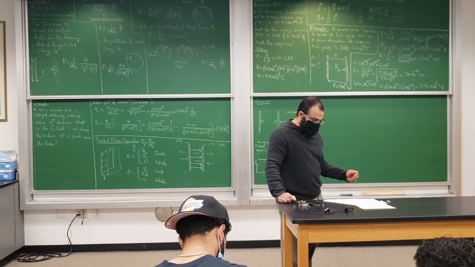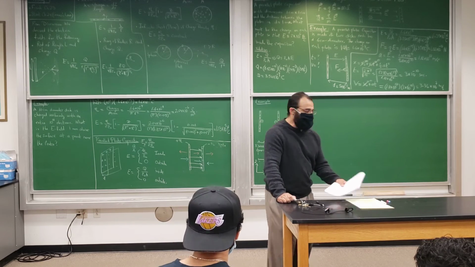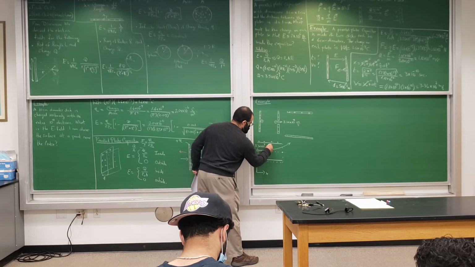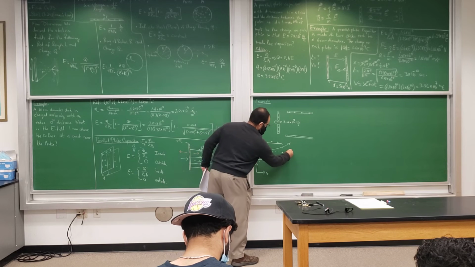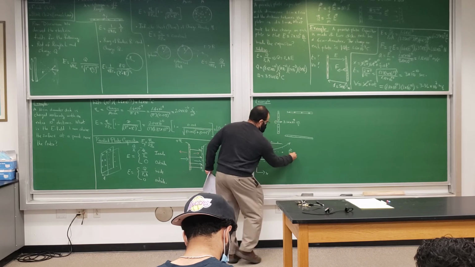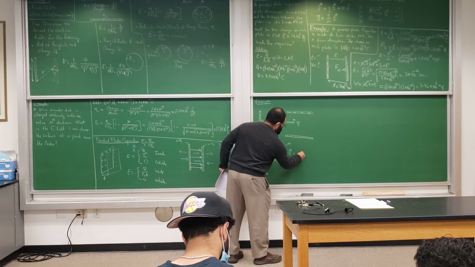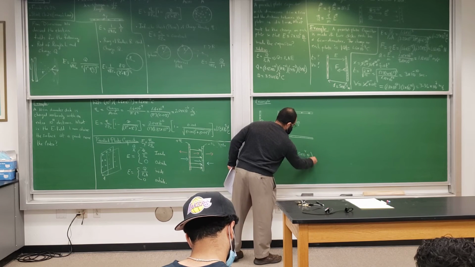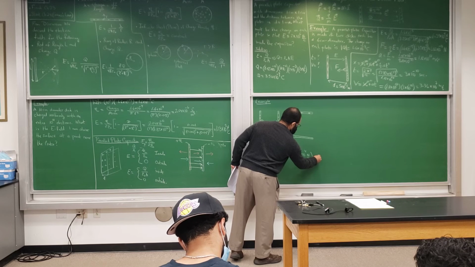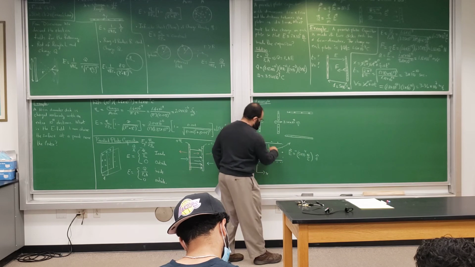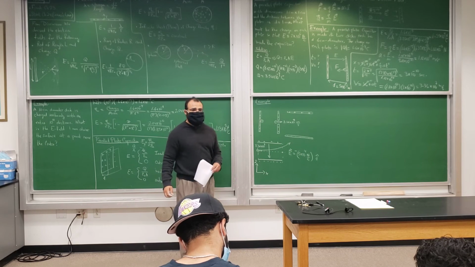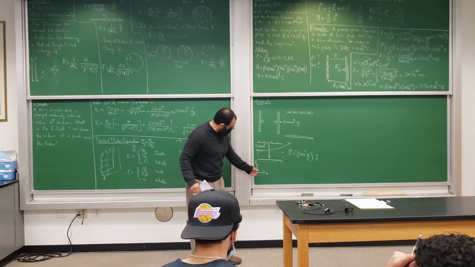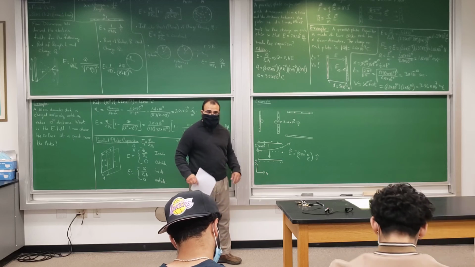So suppose the electric field is 5 times 10 to the 4th newtons per coulomb, and it's in the negative j hat direction, down the y-axis. This is my positive y upward, negative y down.